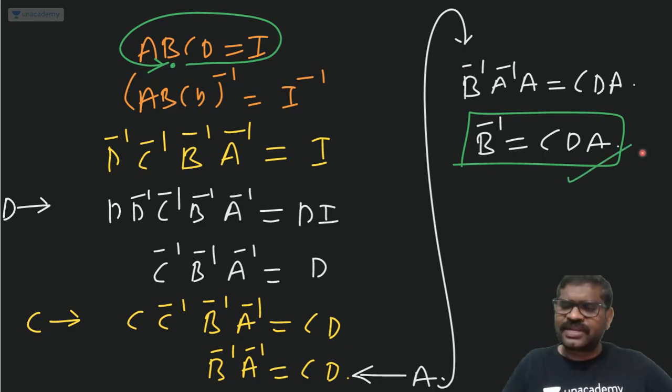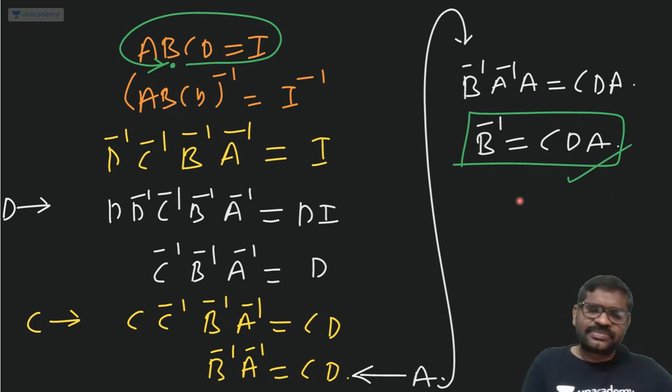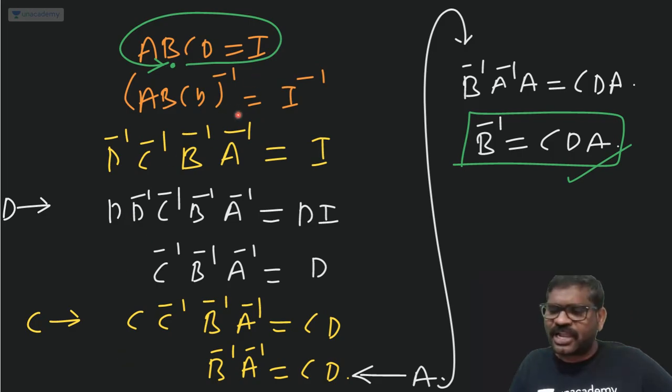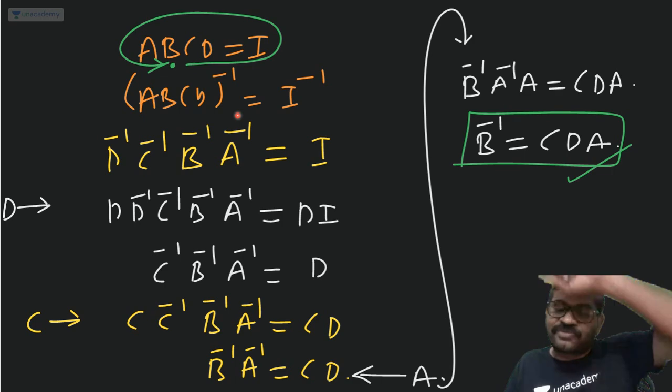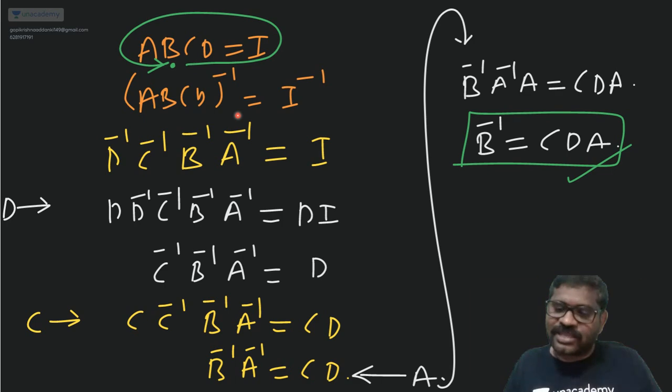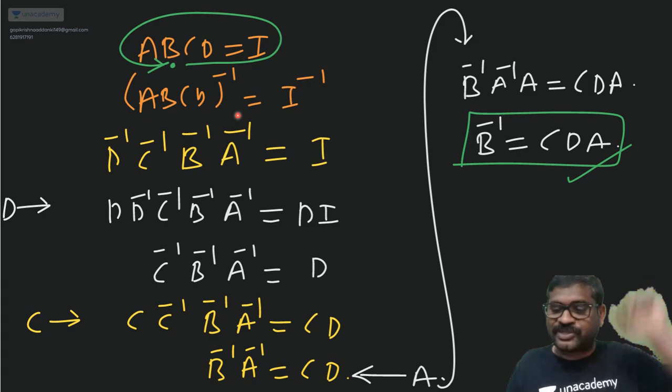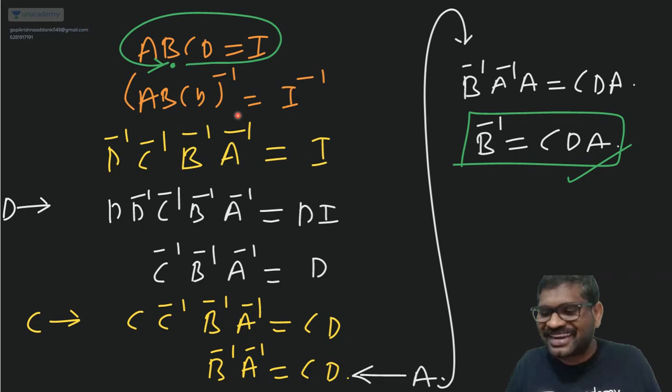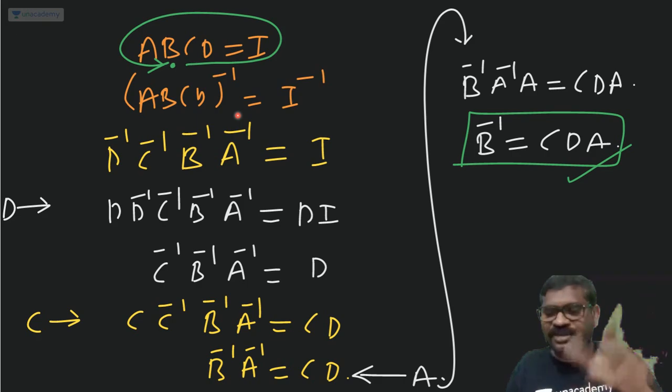Got the answer, na? Instead of doing all these multiplications, you directly get the answer by taking counterclockwise order. Here we have 4 matrices, that's why we multiplied. Suppose they have given A, B, C, D, E, F, G, H, I, J, K equal to I, then what is K inverse? You would have to multiply 10 times, na? That's why it is better to follow counterclockwise order.